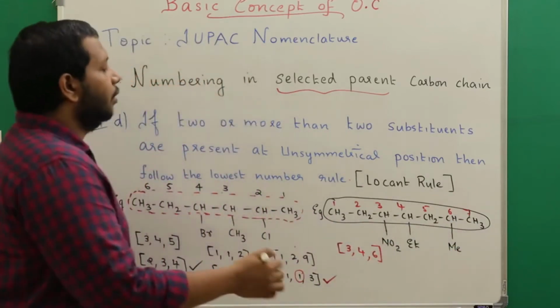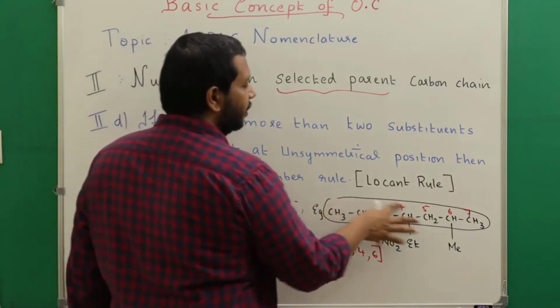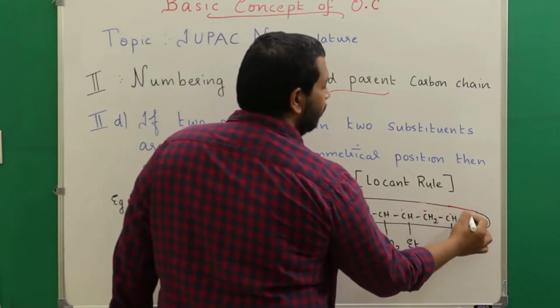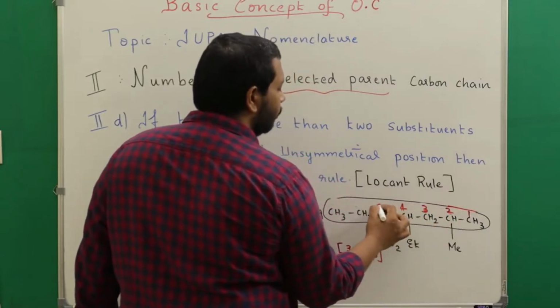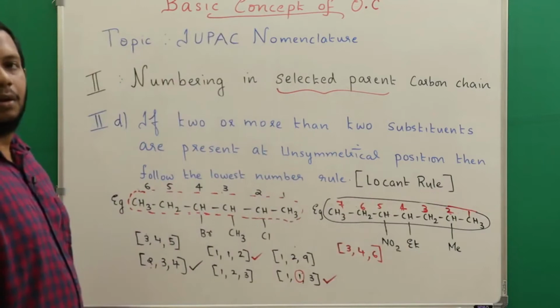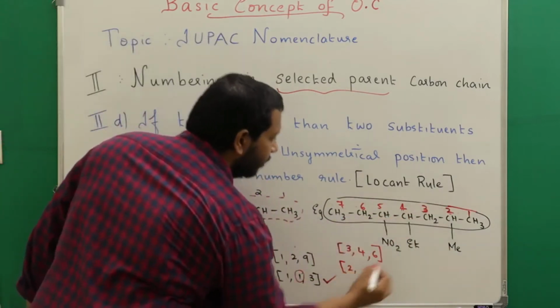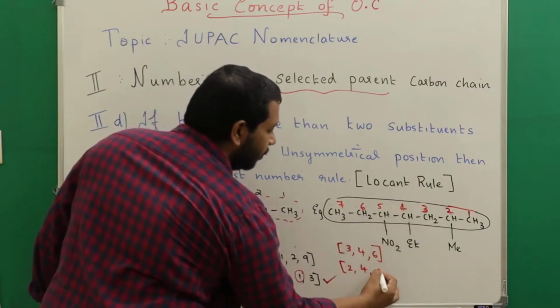Now I will do it the other way. What is the other possible method? The other way of numbering: 1 2 3 4 5 6 7. Now try to write the locant. You will get 2, then 4, then 5.